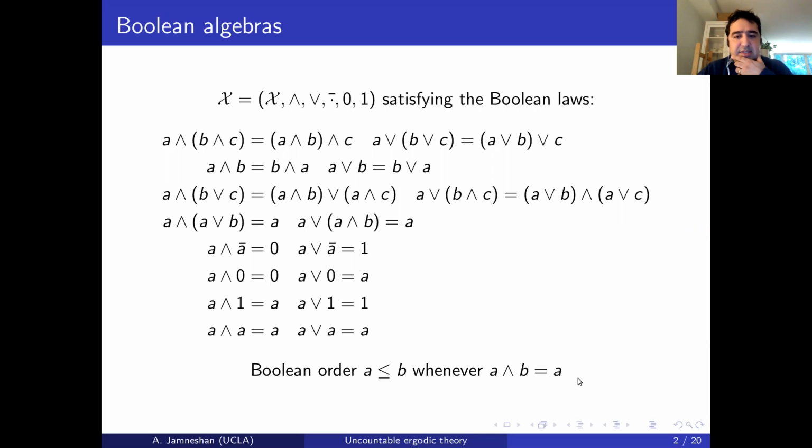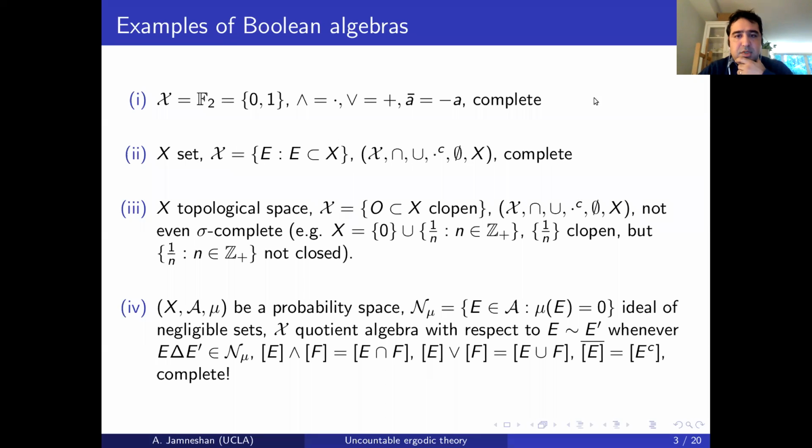All right, so let's see some examples of Boolean algebras. A very simple example is the finite field on two elements, which is also called the trivial Boolean algebra, and consists of two elements, 0 and 1.